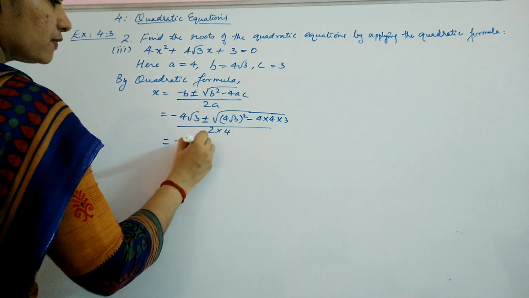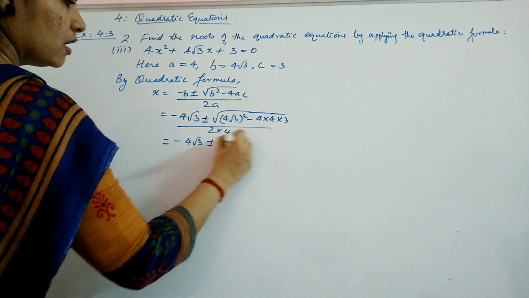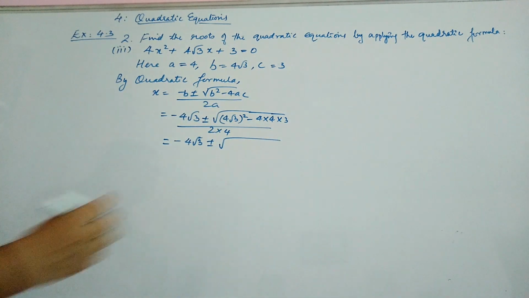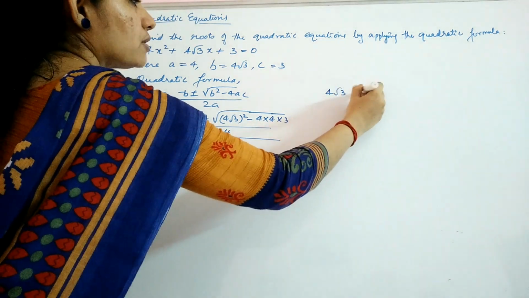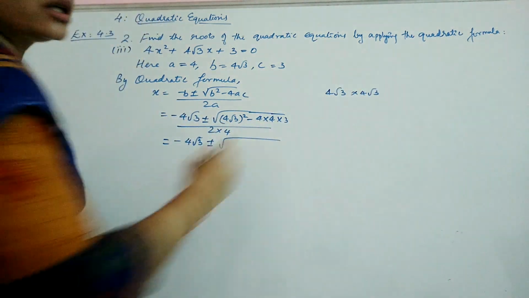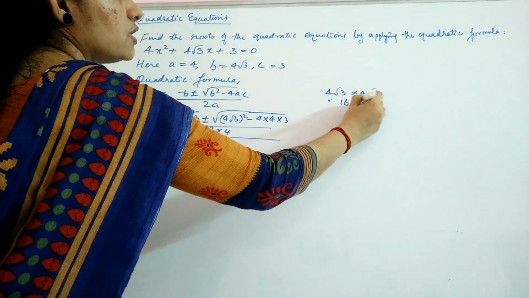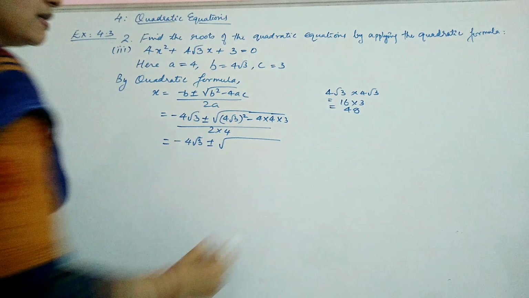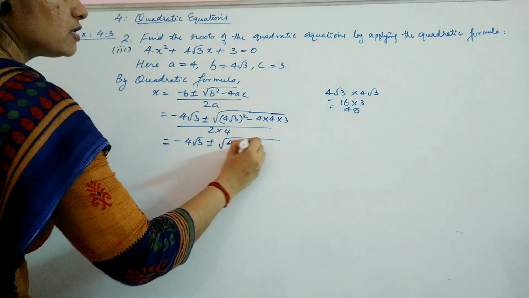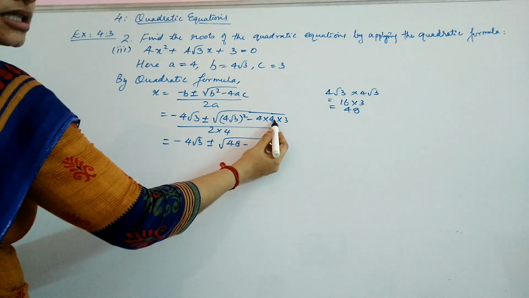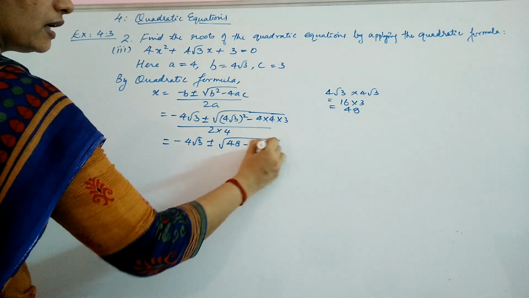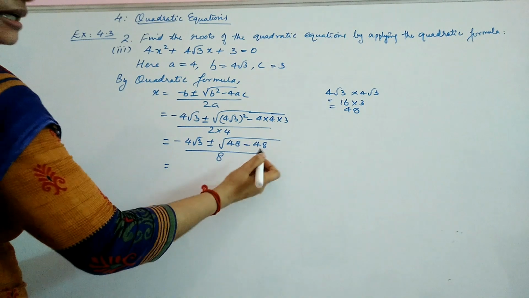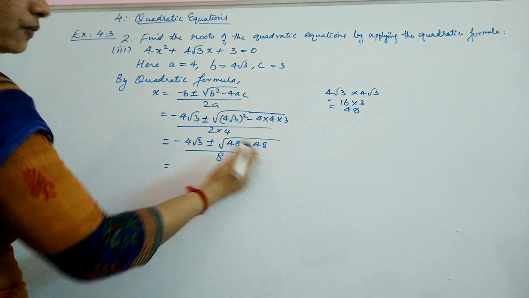So this will give you minus 4 root 3 plus or minus root of, again, 4 root 3 the whole square is 4 root 3 into 4 root 3, which will give you 16 into root 3 into root 3 is 3. 16 into 3 is 48. So here you are getting 48 minus, again 4 4s are 16 into 3, 48, divided by 8. So you are getting the inside term of the root as 0.